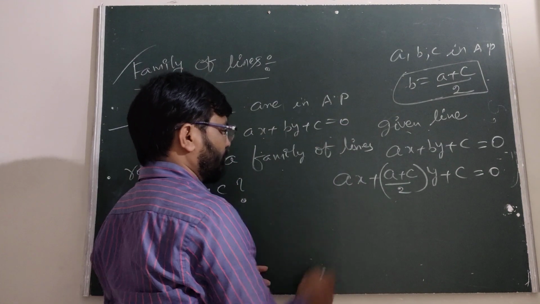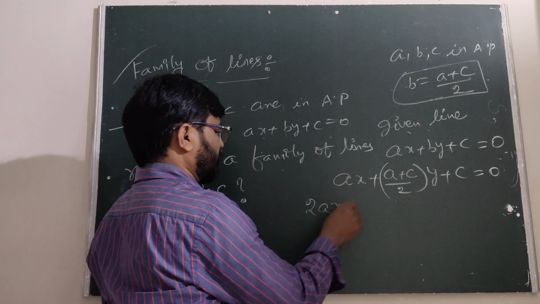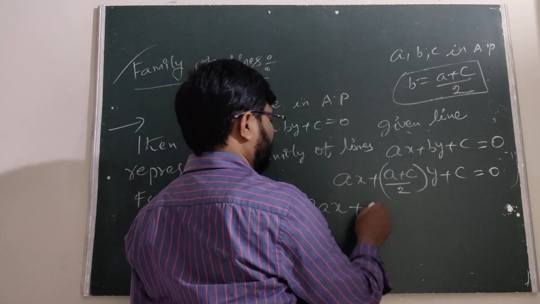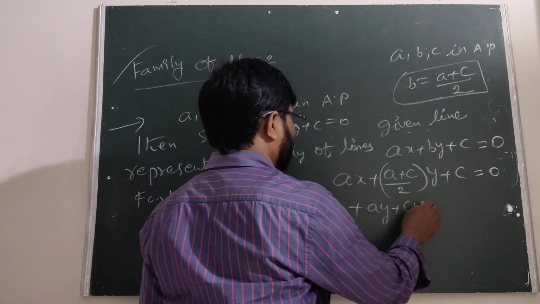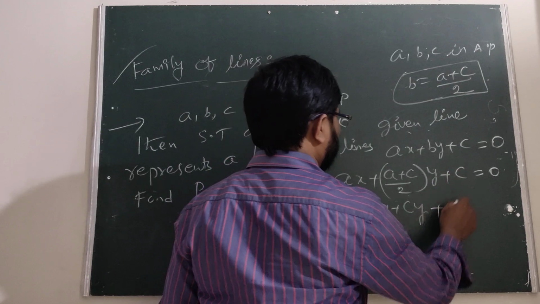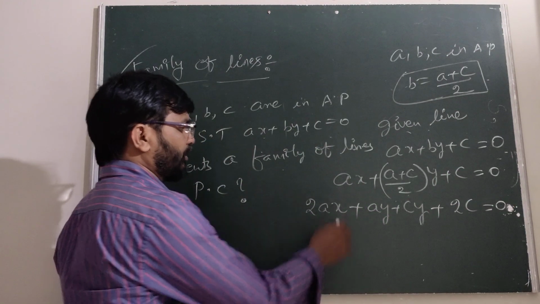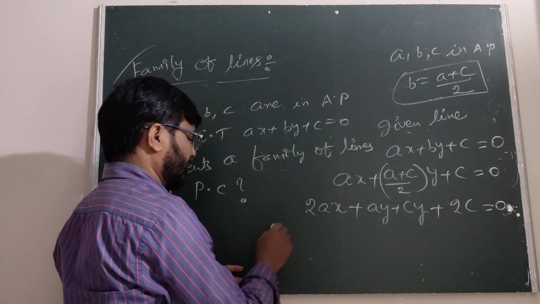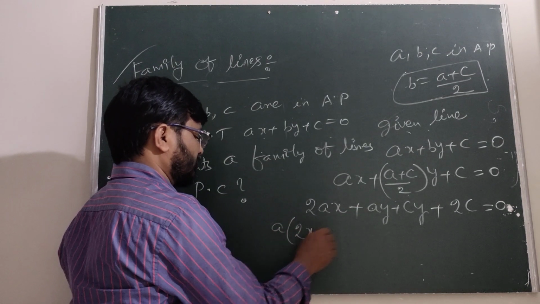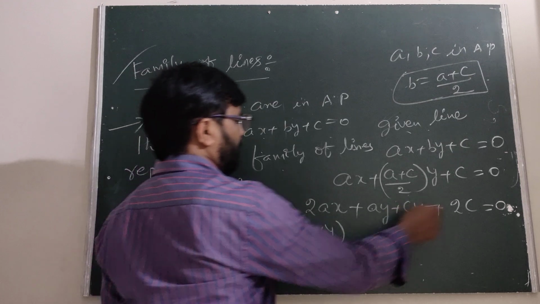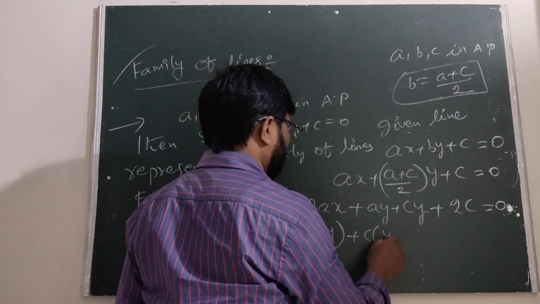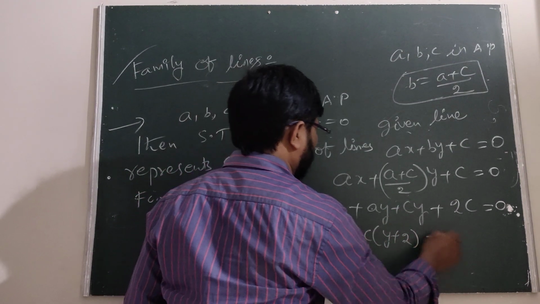Now we have to multiply with 2. This is 2AX plus AY plus CY plus 2C equal to 0. Now we take A common: A into (2x plus y). After that C is common: C into (y plus 2) equal to 0.